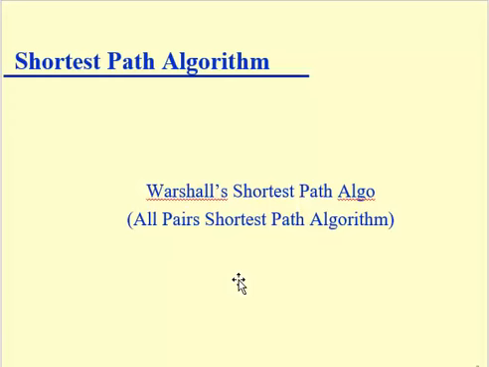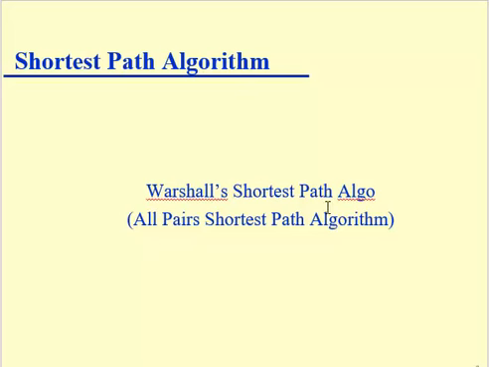Today I'm going to do Warshall's algorithm again, but this is called Warshall's shortest path algorithm. This algorithm is very important, and if you are asked to write down Warshall's algorithm, you need to write down this, that is, how to find the shortest path.